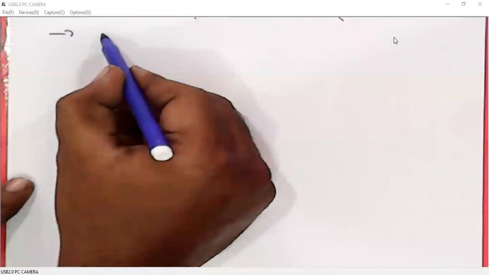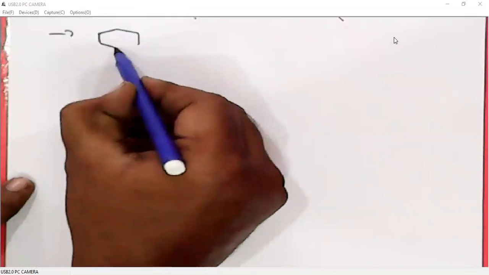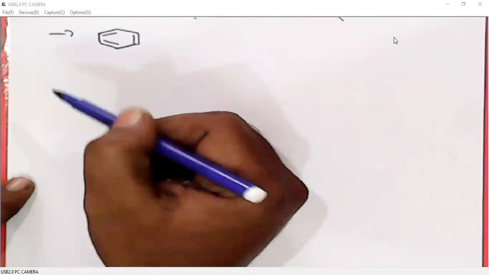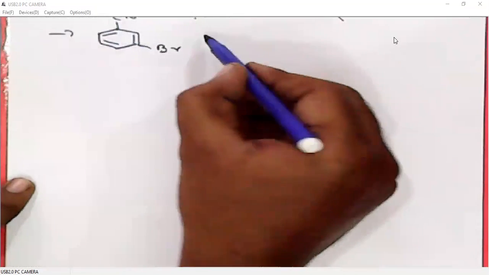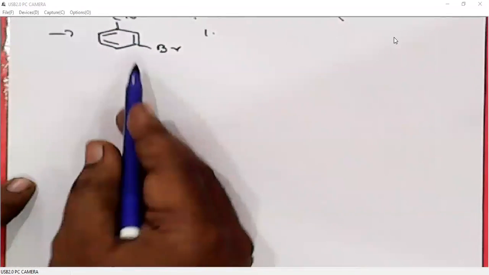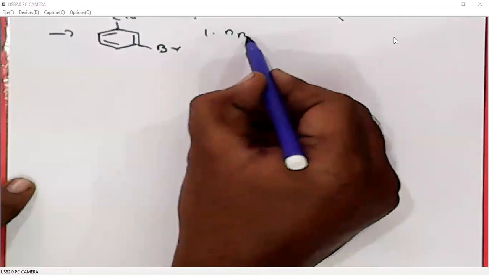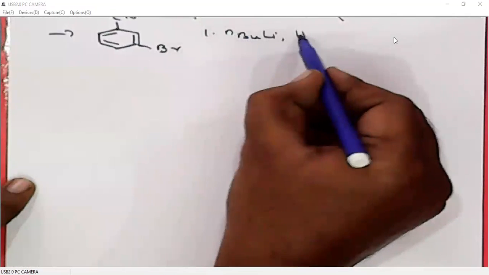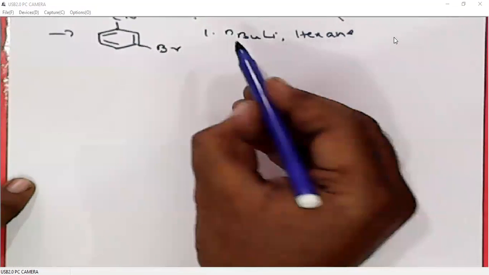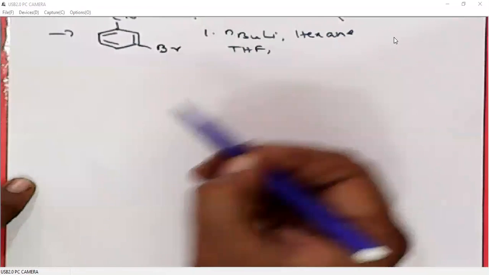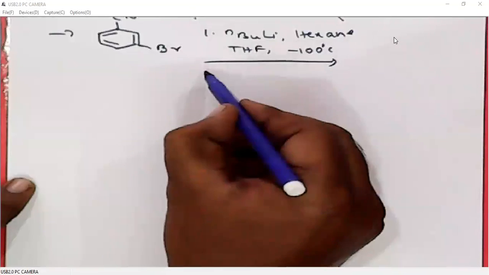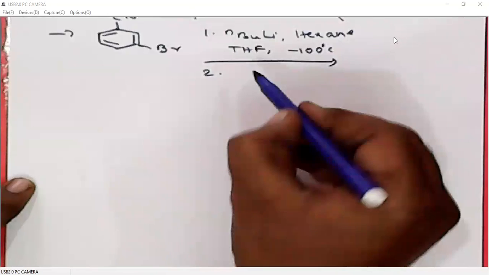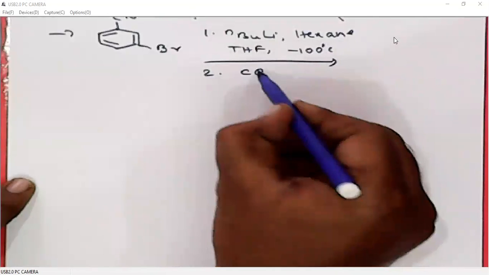The metal halogen exchange reactions will also occur on aromatic halides. For example, in this case, when this bromobenzene is treated with n-butyl lithium, it undergoes metal halogen exchange reaction, and the generated nucleophile is treated with carbon dioxide.